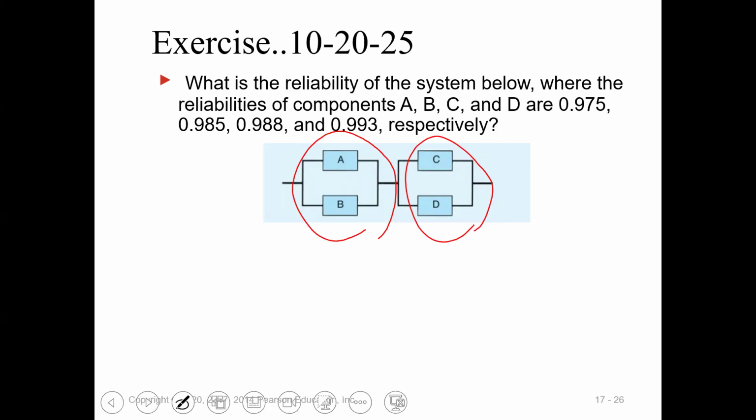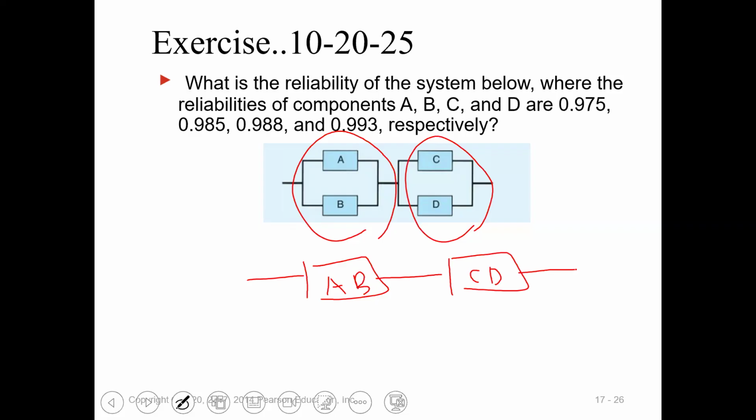I cannot multiply A times B times C times D. No, I need to find the reliability for this subsystem and the reliability for this subsystem. So assume that you find the reliability for AB, and then you find it for CD. Then you multiply them.